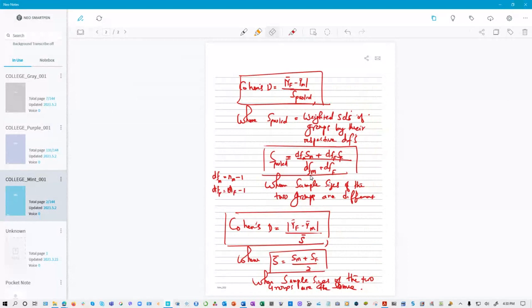Okay, you know that. That's how you get the degrees of freedom. Based on that, you can get this done. So that means Cohen's d.